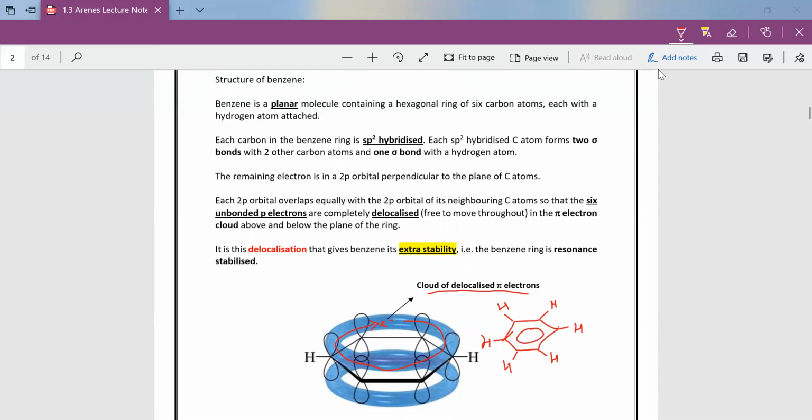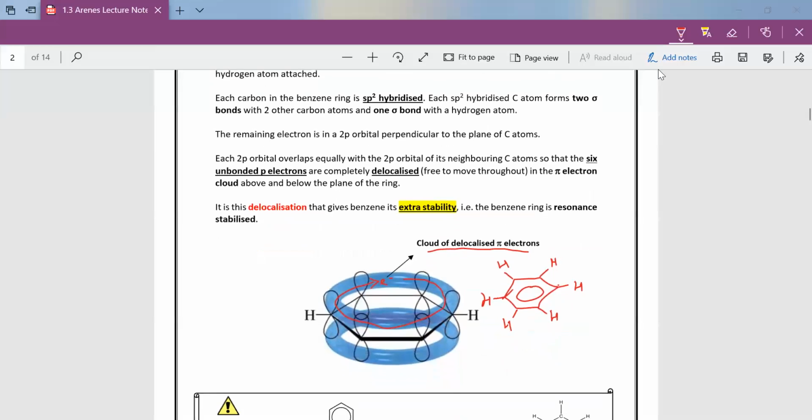This is what we call a delocalized pi electron cloud, and it is this delocalization that gives benzene the extra stability. So sometimes we say the benzene ring is resonance stabilized.